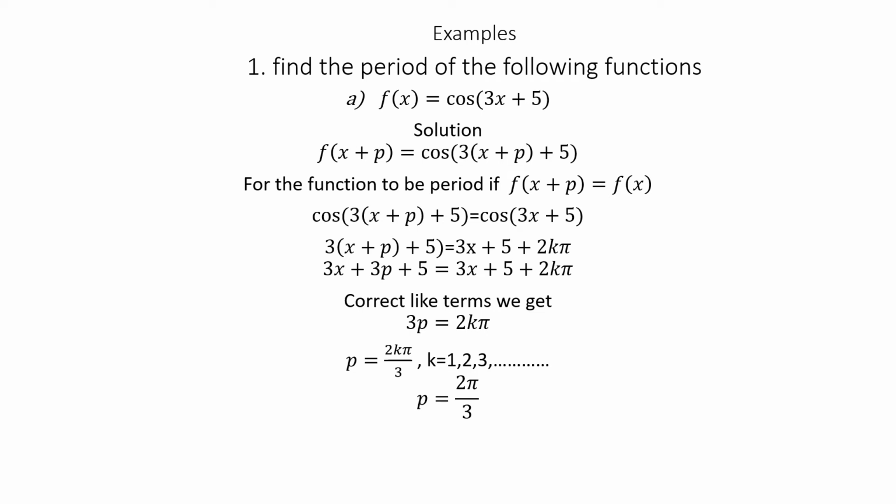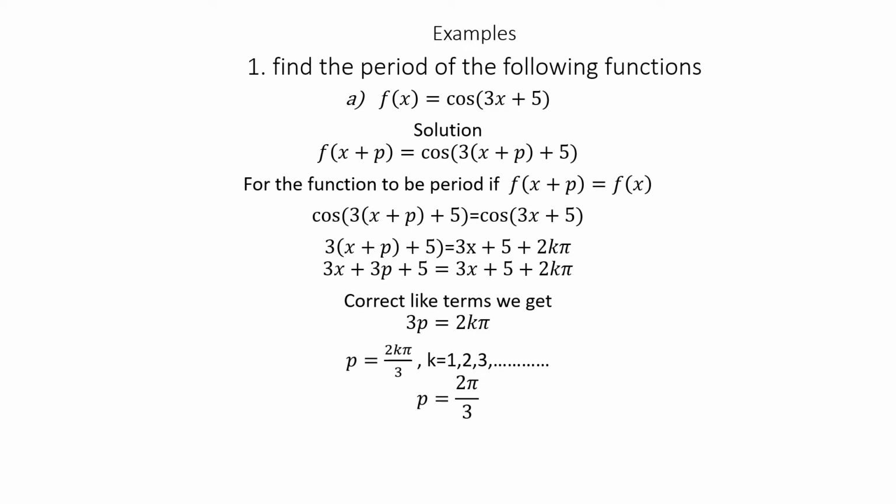That is to say, when you make p the subject of the formula, it gives us 3p equals 2k pi. When you divide by 3, you remain with p equals 2k pi over 3.